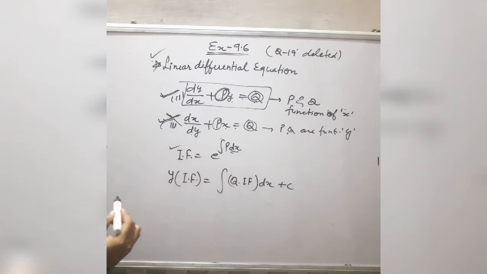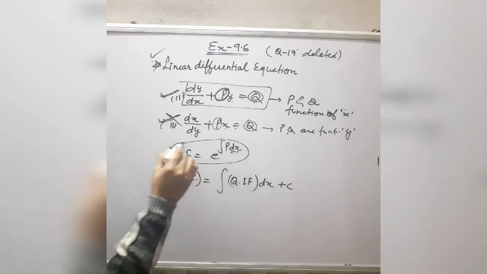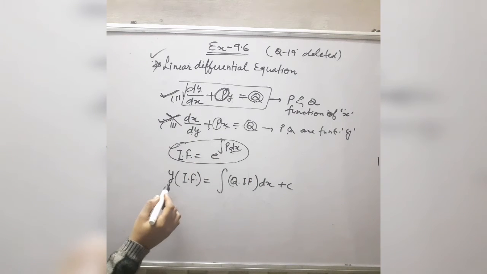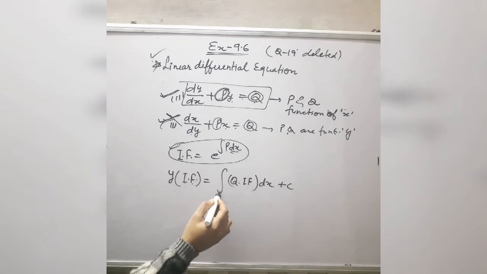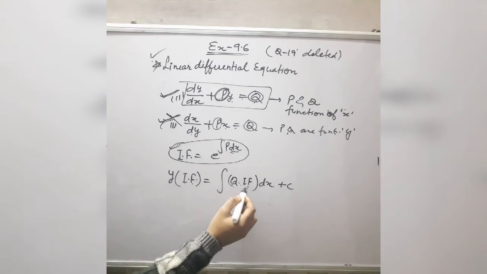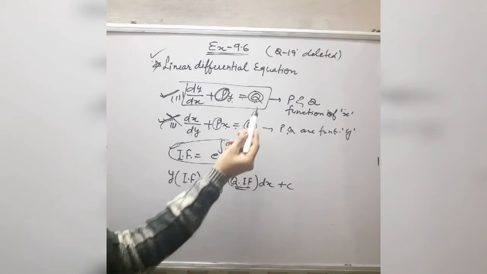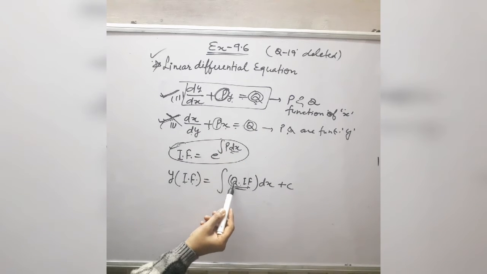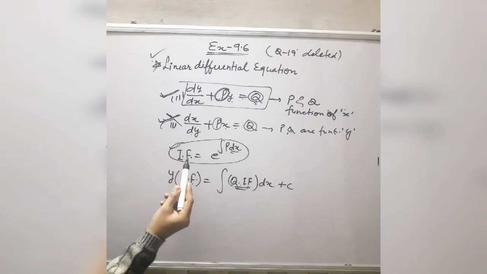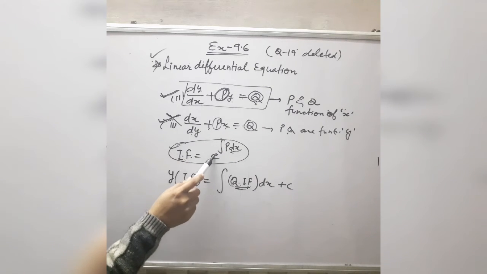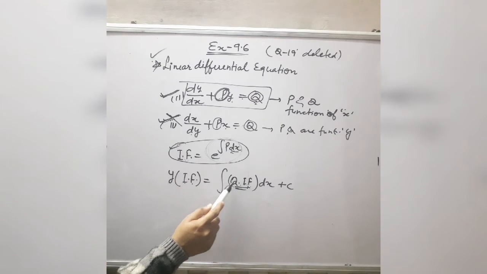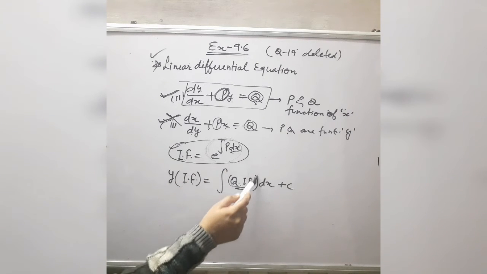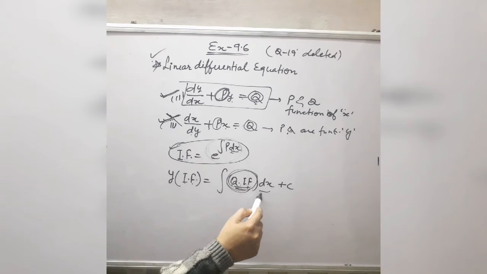After finding the integrating factor, the solution of the differential equation is y times the integrating factor equals the integration of q times the I.F. Here q is again a function of x, and the value of the integrating factor you get from the previous result, also in x. You take the integration of the product of these two functions with respect to x, plus the integration constant c.